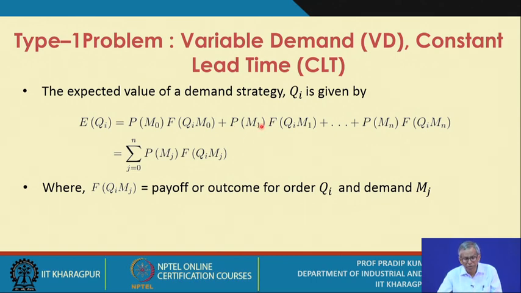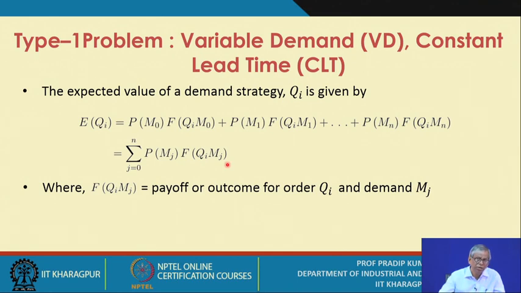Next possibility is that the demand could be M1, corresponding probability is P(M1), and then with the combination Qi M1, what is the payoff. This exercise will continue. Ultimately you consider the probability of the demand of n items and the corresponding payoff. So you have the summation j equals 0 to n of P(Mj) f(Qi, Mj).